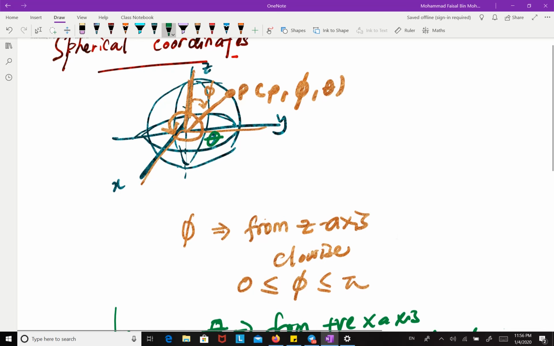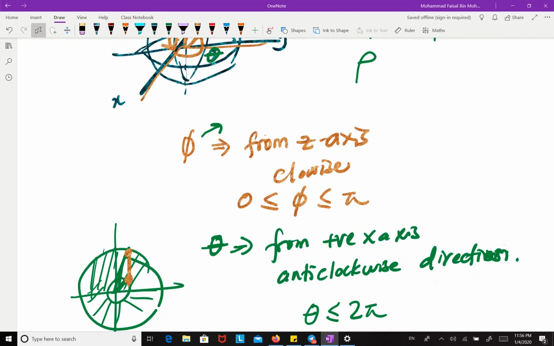Next, about rho: rho is actually the radius. Phi is the angle from the Z axis. Theta is the direction from the X axis and it is anti-clockwise. This is clockwise.